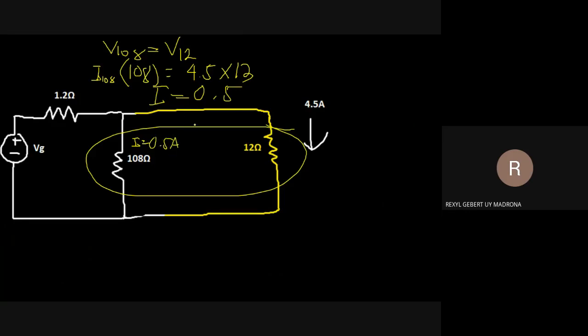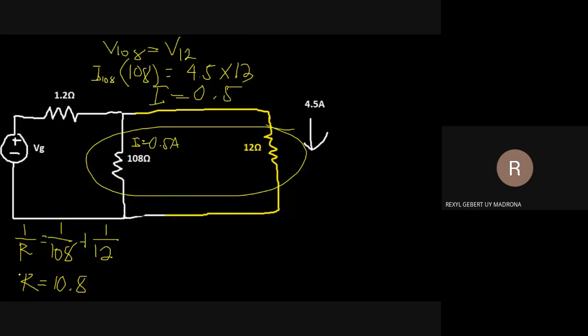Since these two resistors are in parallel, you can just combine them with 1 over R equal to 1 over 108 plus 1 over 12. And that would give us a value of 10.8.